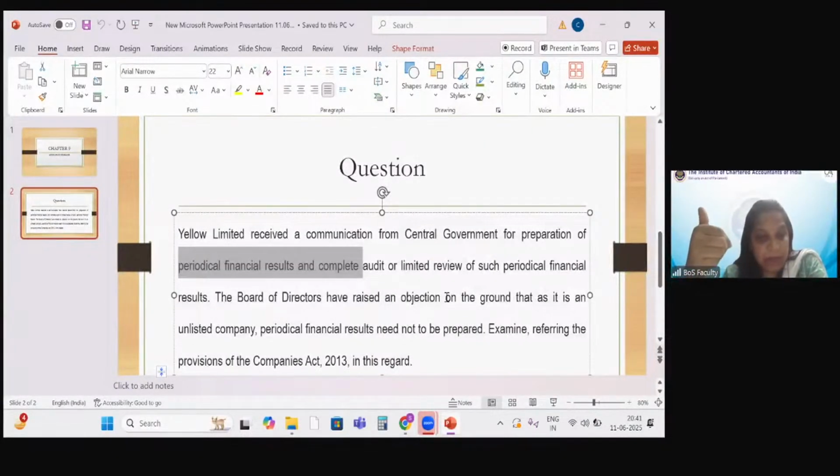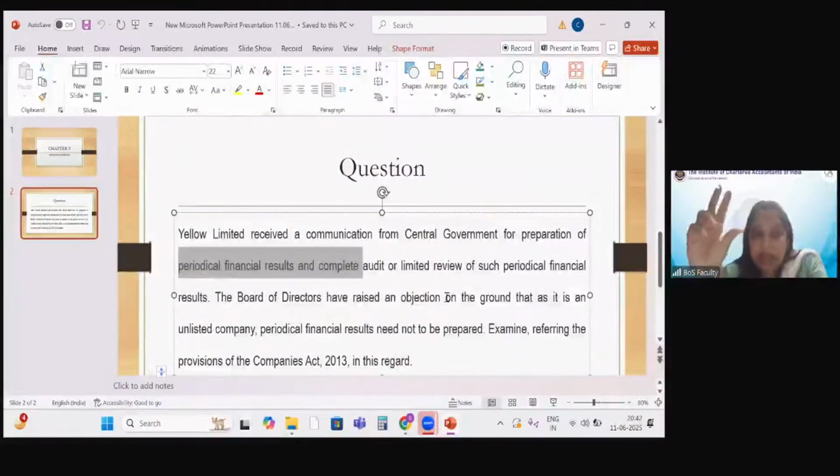Then, to obtain the approval of the board of directors and to complete the audit or limited review of the periodical financial results. First you prepared the periodical financial results, then you obtained approval, and third, since the central government asked, what is the next step? File a copy of these results with the registrar within 30 days of completion of such periodical review.